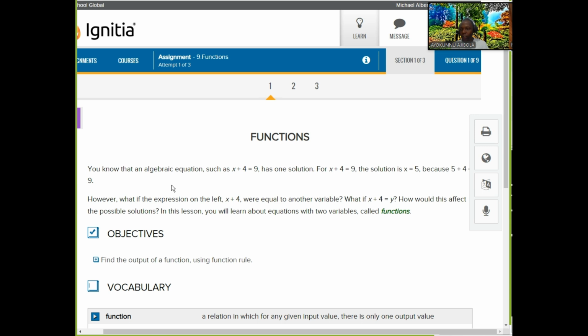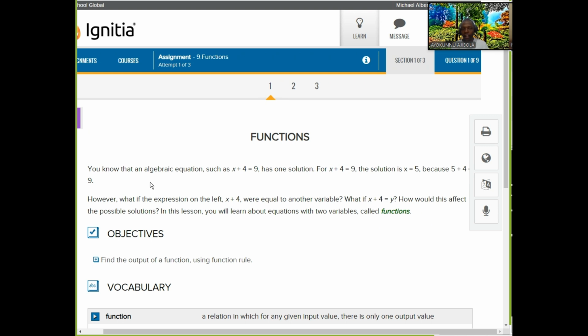Okay, what's at the top says you know that an algebraic equation such as x plus 4 equals 9 has one solution. For example, x plus 4 equals 9. The solution is x equal to 5 because 5 plus 4 gives us 9. Okay? Nothing else will be added to 4 to get 9. Is that clear? Yes.